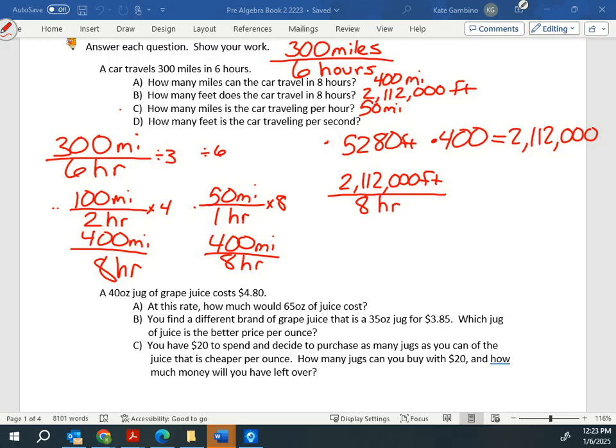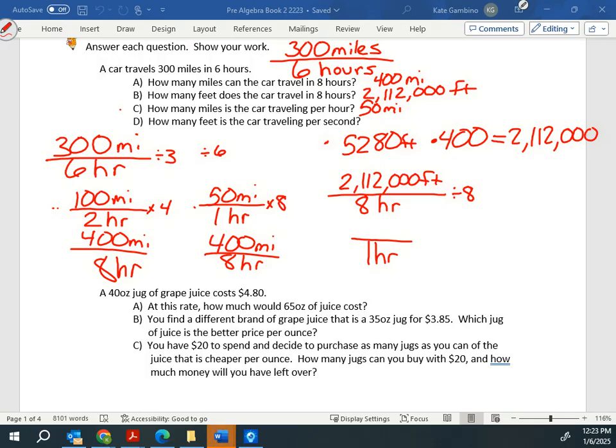So I can go from 8 hours down to 1 hour. What do I do to do that? What math should I do? Divide by 8. So I want to get it down to 1 hour so then I can keep going down to my seconds.